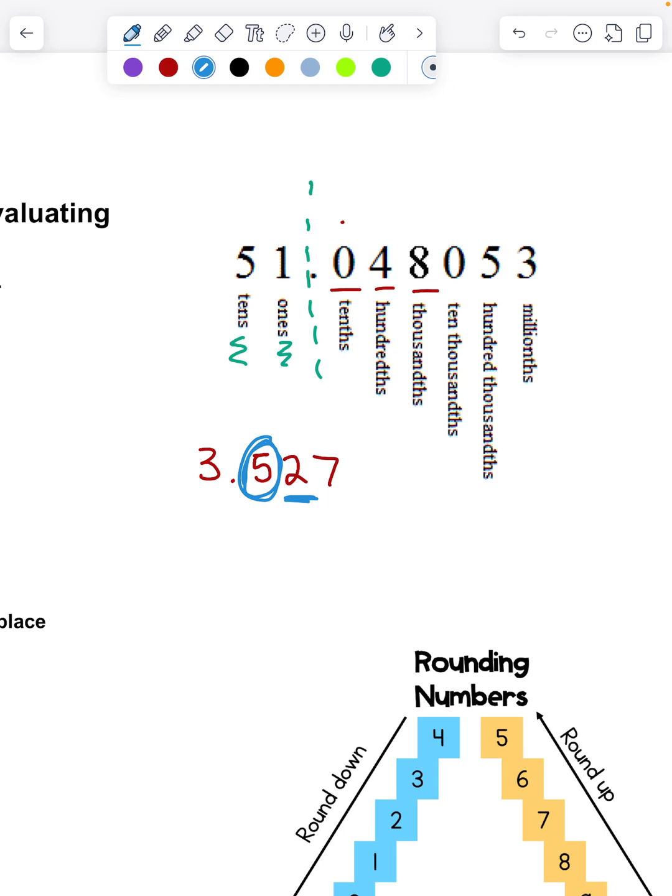If the number after it is 5 or bigger than 5, so 6, 7, 8, or 9, then you get to round the number before it up. If the number is less than 5, so 4, 3, 2, 1, then you keep it the same.